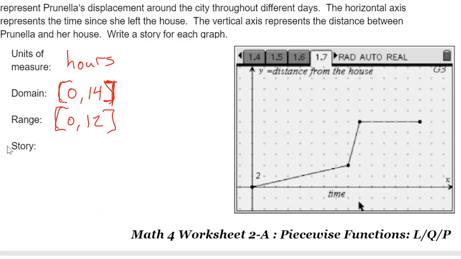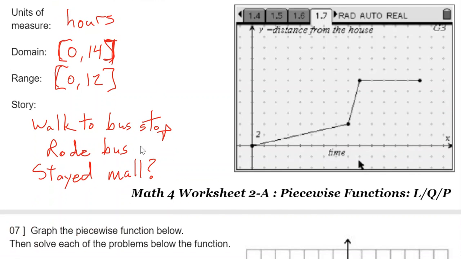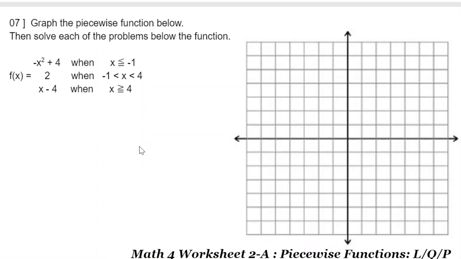So I kind of like the idea of walking to the bus stop, rode the bus for 2 hours or for 1 hour, and then stayed somewhere, maybe shopping at the mall or something like that.